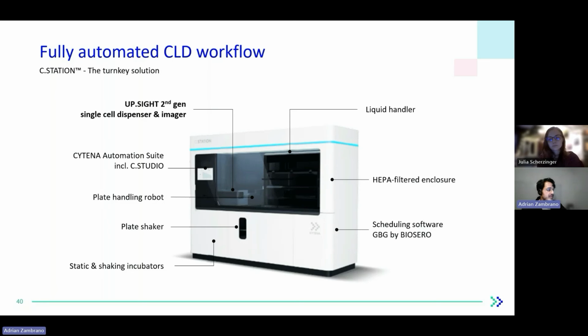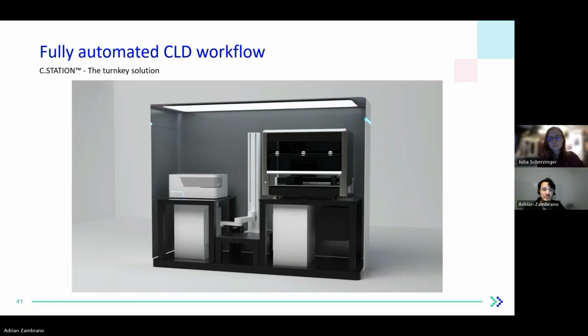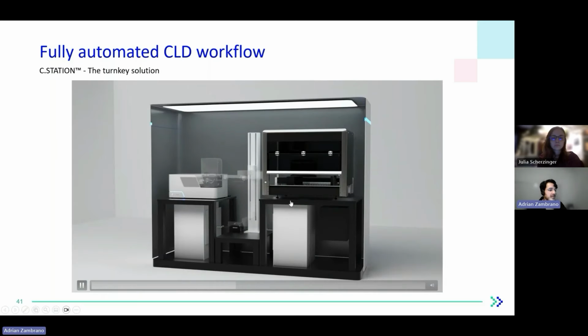We have integrated powerful software with the Cytena automation suite, including C Studio, liquid handler, plate handling robots, incubators. They could also be shaking incubators. And of course, we work with Biosero for automation. Here is a quick mini video so you can see a little bit of what's inside and how the robotic arm is moving plates between the shaker, the liquid handlers, and the Up.Sight.